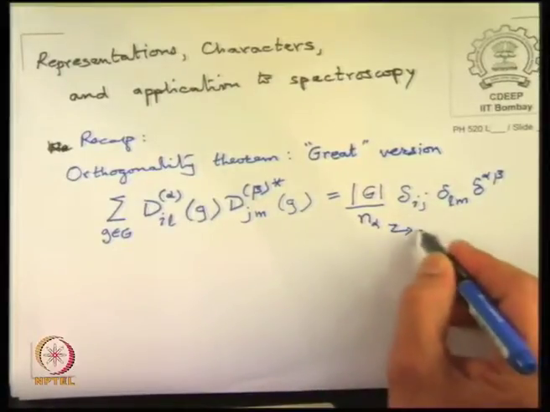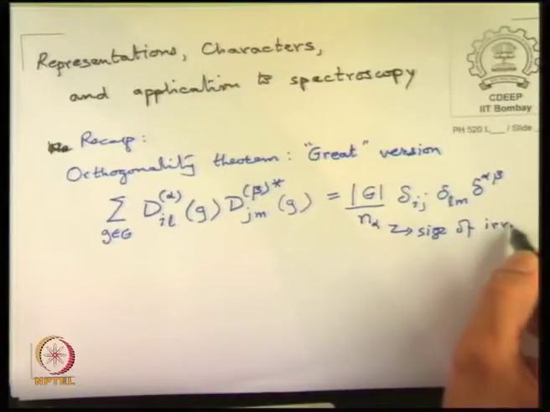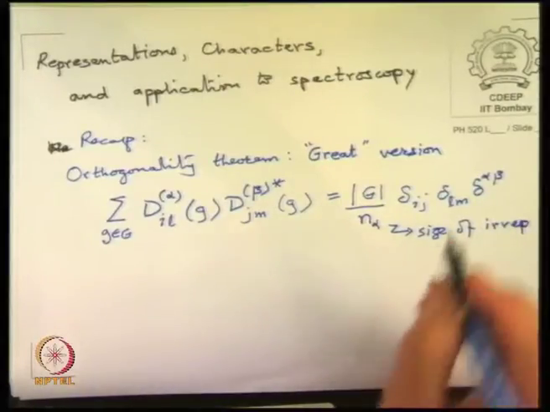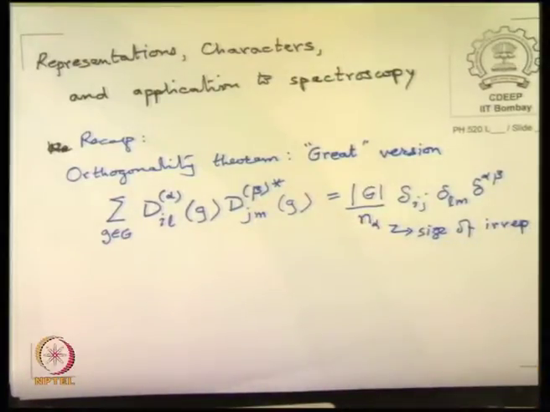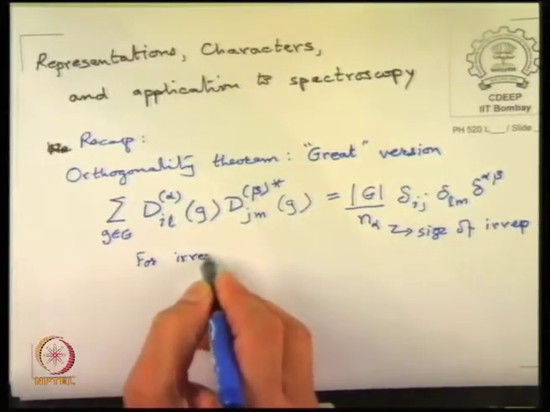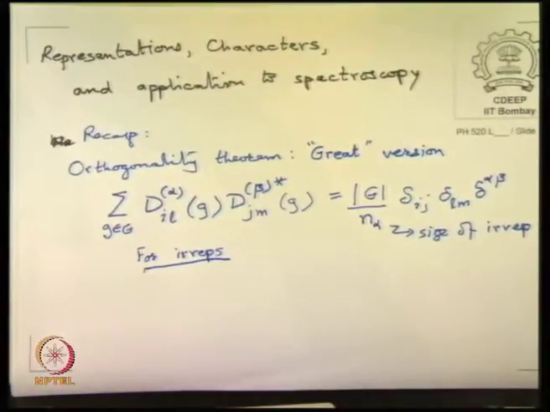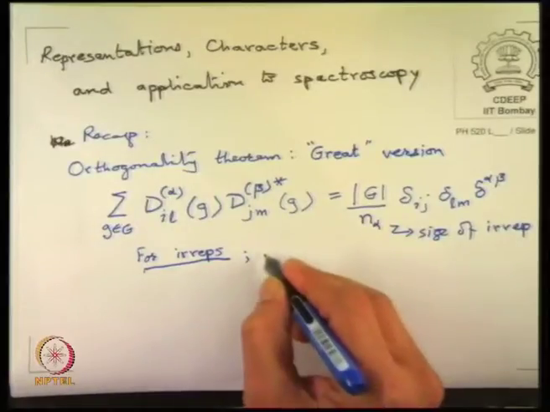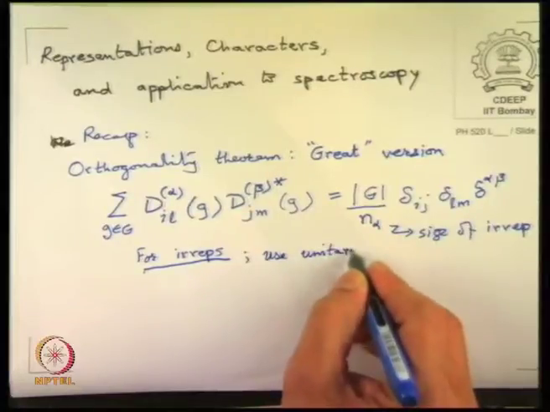So this is size of irrep. So this is for irreps, of course, irrep alpha. So the theorem, of course, applies to irreducible representations. And then the derived ones from this, and we use unitary reps.